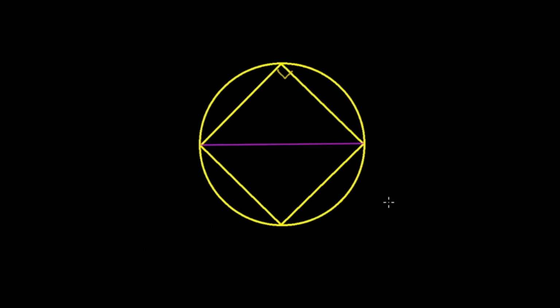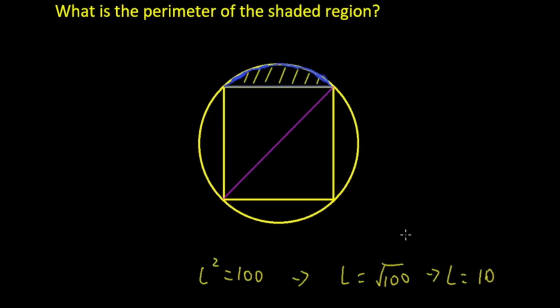So that means this horizontal line, which is the diagonal line of the square, is also the diameter of this circle here. So in the original diagram, this diagonal is also the diameter of the circle here.